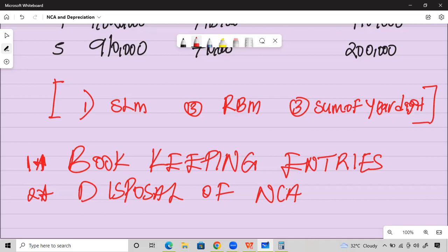We'll stop for today. That will be the last section for depreciation. By tomorrow, we'll talk about the bookkeeping entry and disposal of non-current assets, and solve some of the practice questions in the general practice question that I sent earlier.